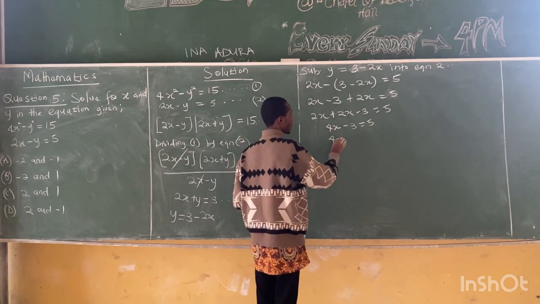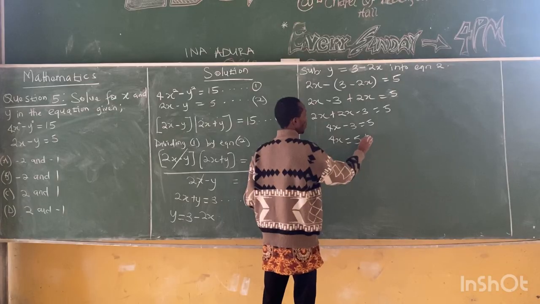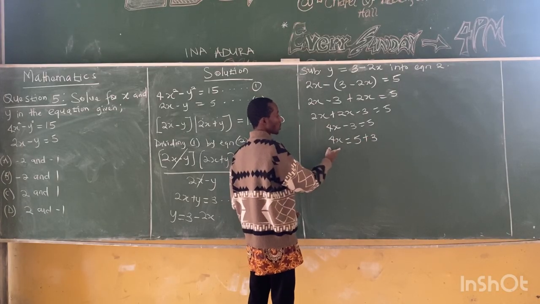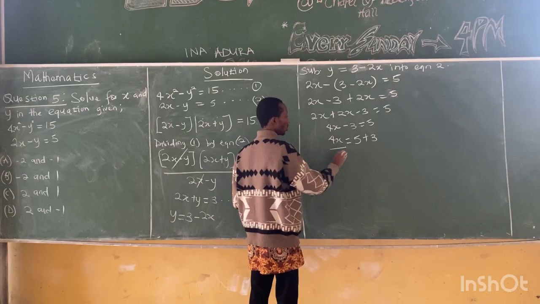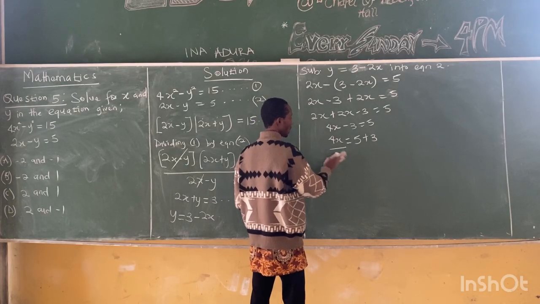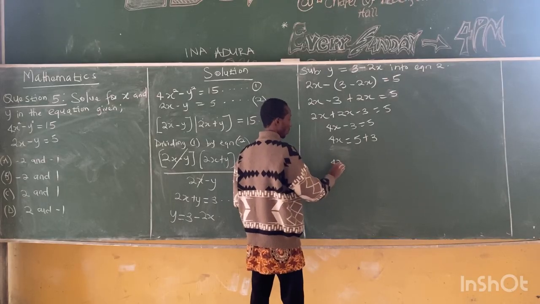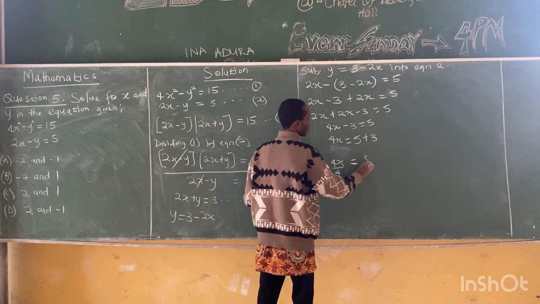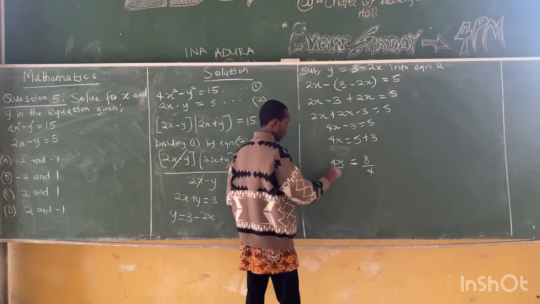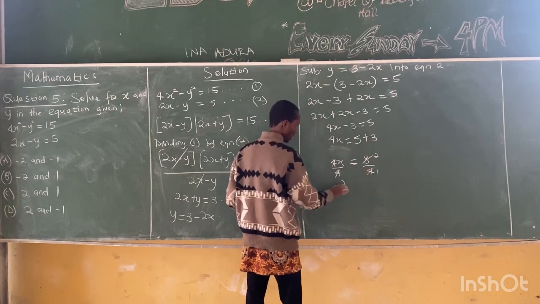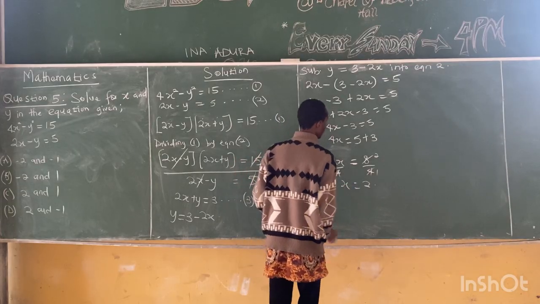Here 4x is equal to 5 plus 3. To make x the subject of formula, we divide both sides by the coefficient of x. So we have 4x divided by 4 equal to 5 plus 3, which is 8, divided by 4. This cancels this. 4 goes into 8 two times, so we have x is equal to 2.